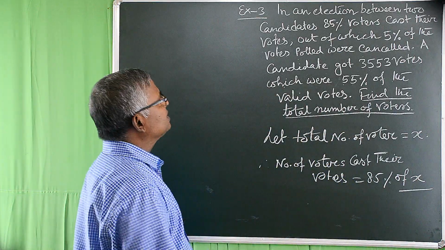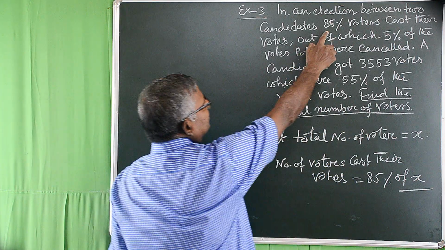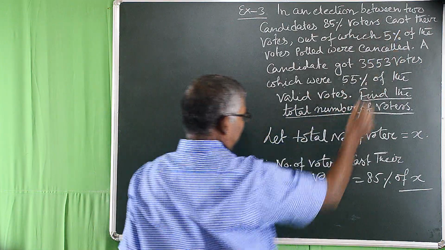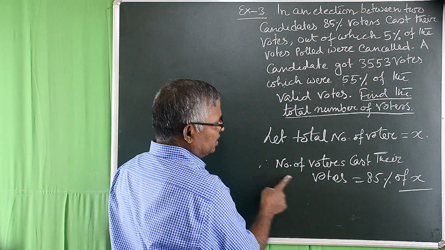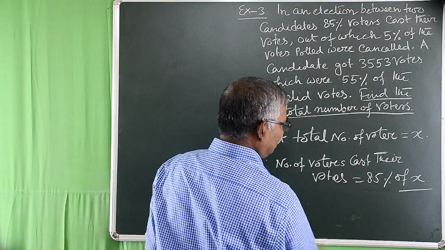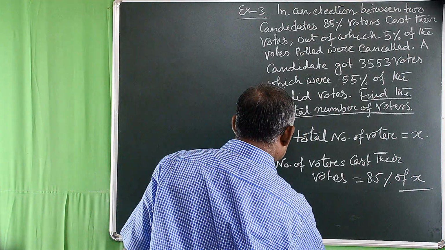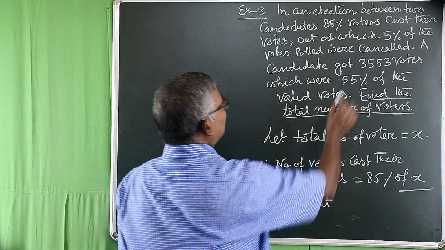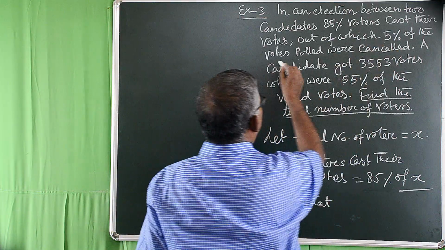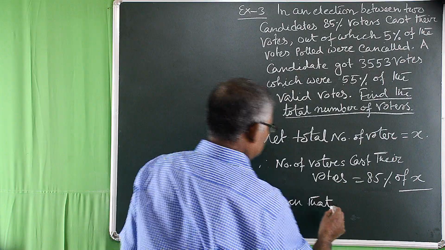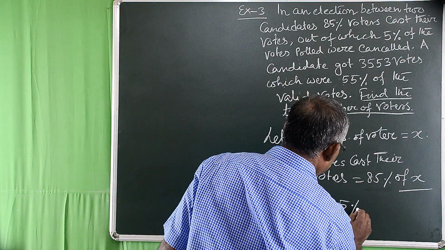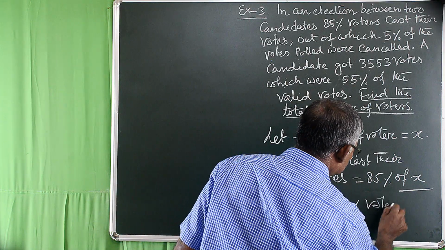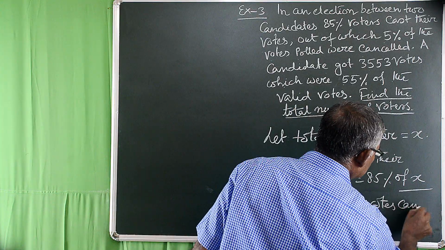As per given condition, 85% voters cast their vote, therefore number of voters equal to 85% of x. Given that 5% votes polled were cancelled. 5% votes cancelled.